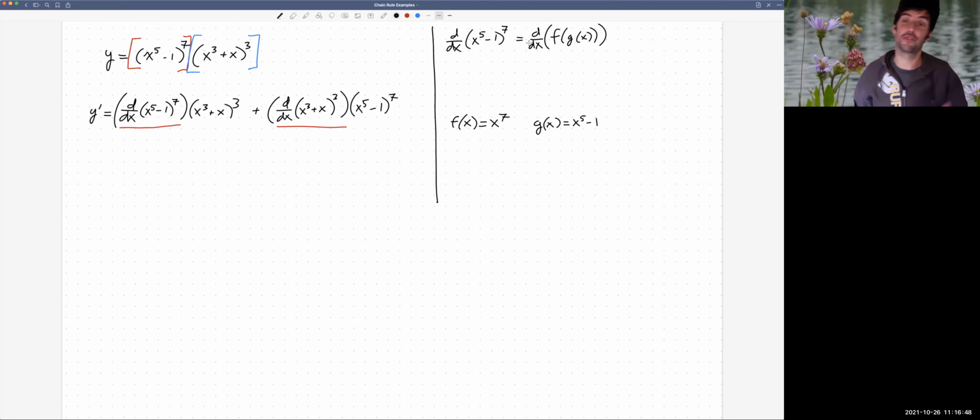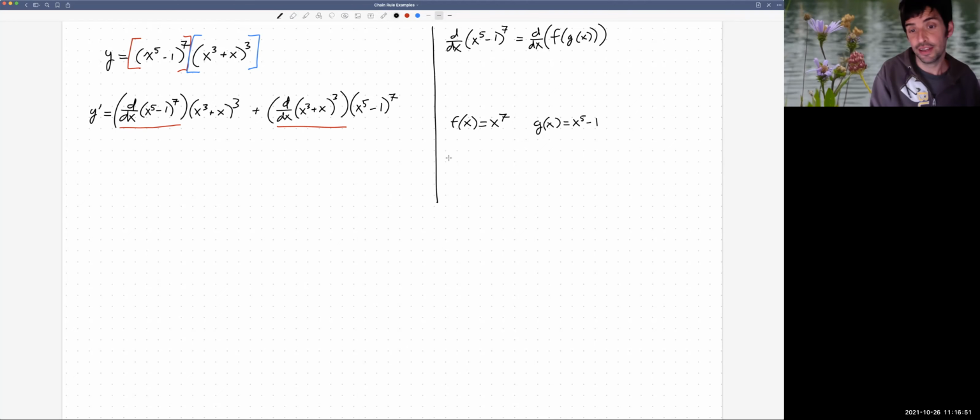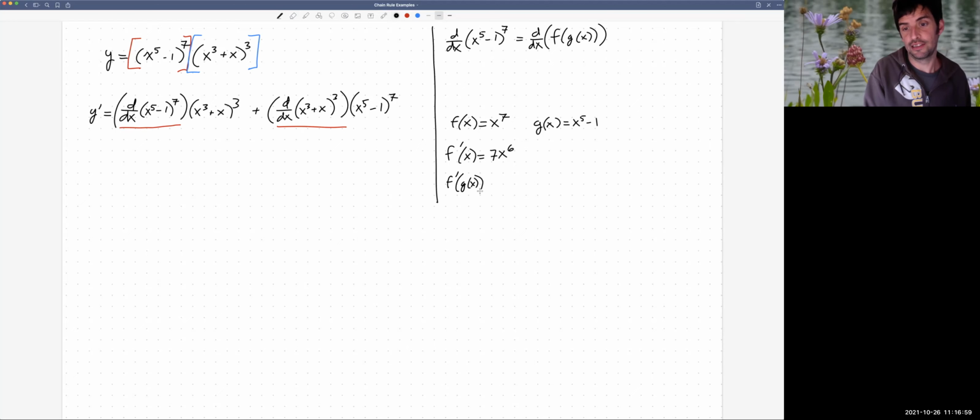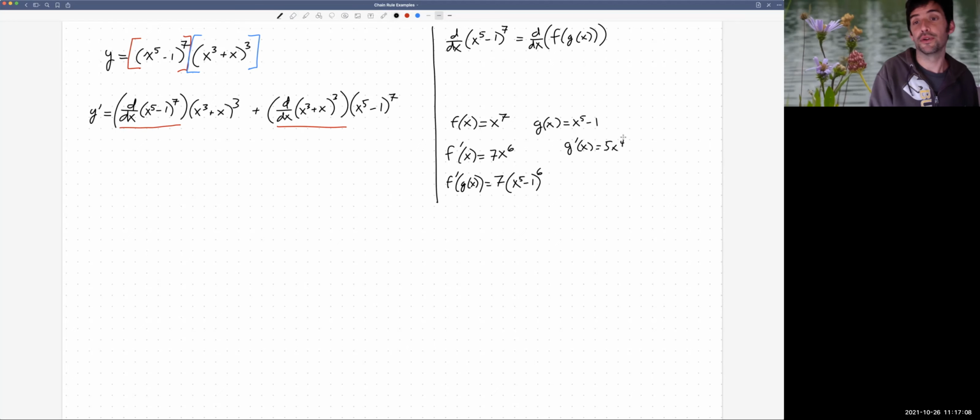I'm taking x to the 5th minus 1 and putting it into x to the 7th. We get f prime of x is 7x to the 6th. So f prime of g of x is 7 times x to the 5th minus 1 to the 6th. And then g prime of x is 5x to the 4th.